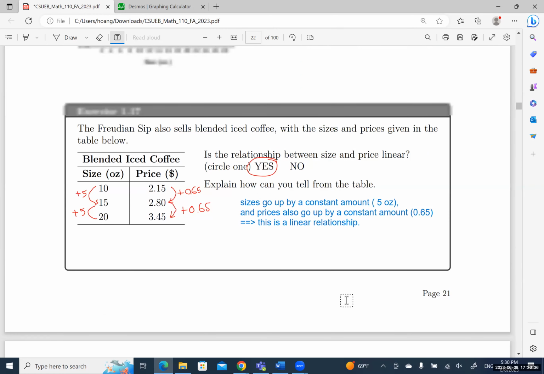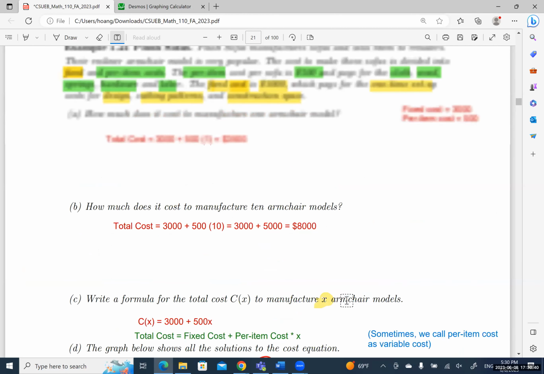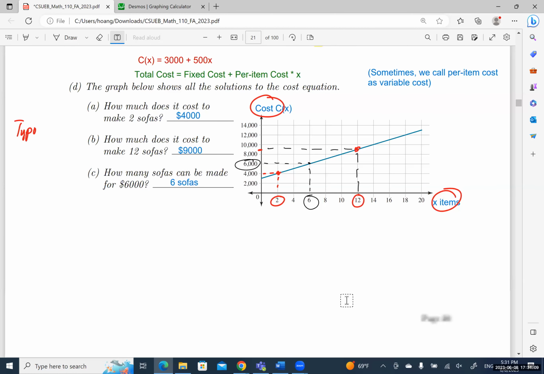According to this section, we can understand that cost models can be thought of as linear functions, with the fixed cost as the y-intercept and the per item cost as the slope. Okay, so I will see you in the next session.